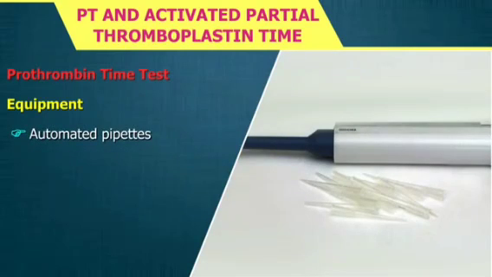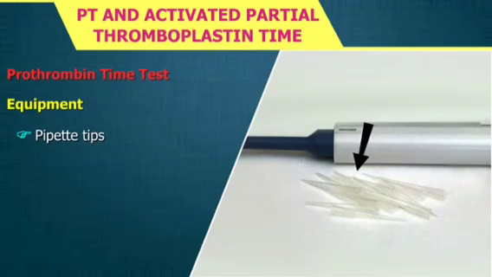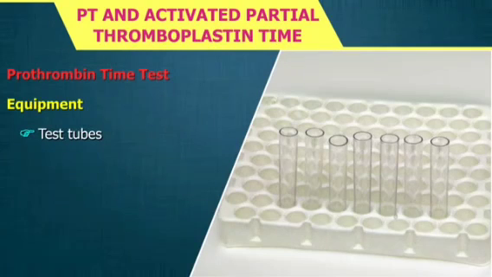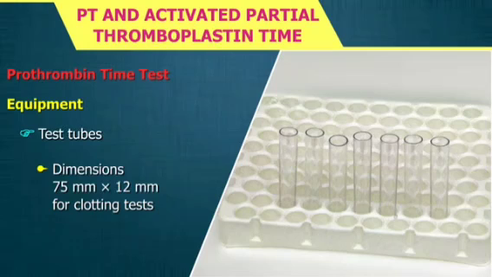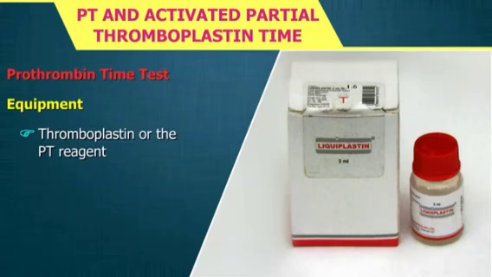Automated pipettes, either fixed or variable volume, capable of delivering 0.1 ml and 0.2 ml accurately and precisely. Pipette tips. 4. Clean test tubes of dimensions 75 mm by 12 mm for clotting tests and test tube rack. 5. Thromboplastin or the PT reagent.